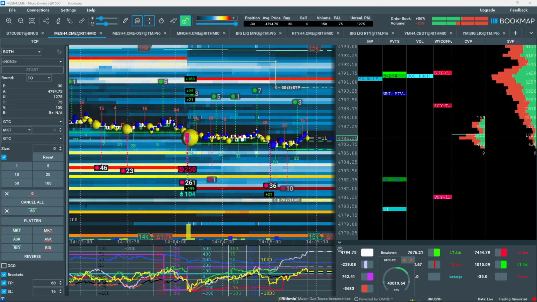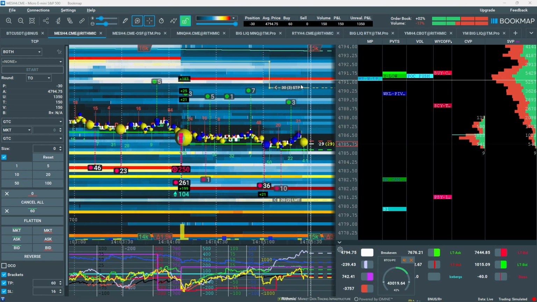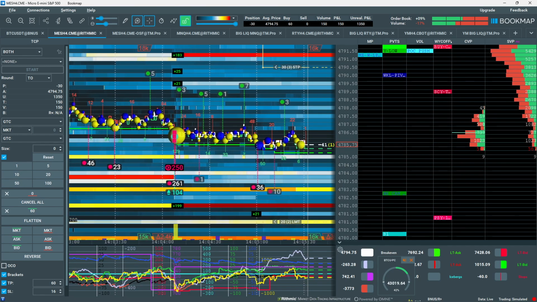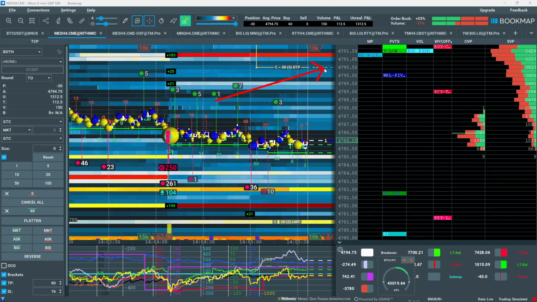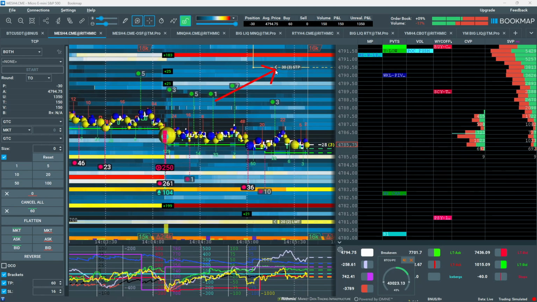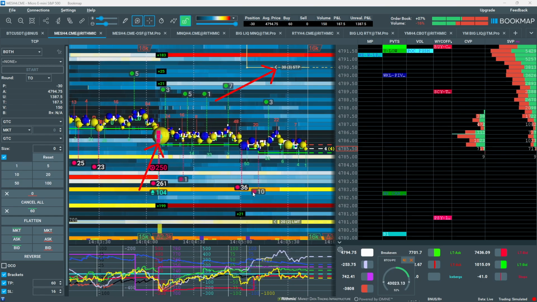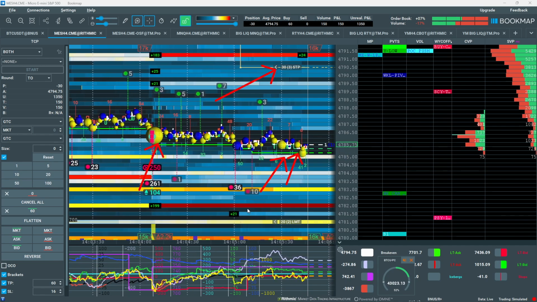Alright, so I trailed my stop down to 47.9050. Right, so we got a sweep of NQ sellers right here. Stops NQ sell. Absorption sellers NQ.